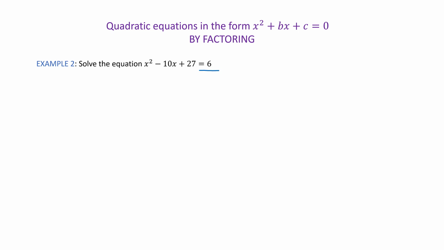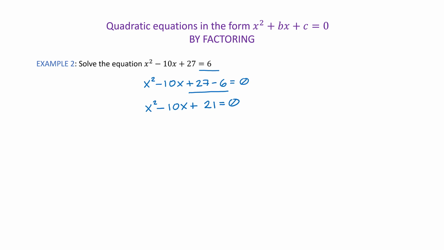We get x squared minus 10x plus 27 minus 6 equals 0. I can simplify it by subtracting 6 from 27. And I get x squared minus 10x plus 21 equals 0.